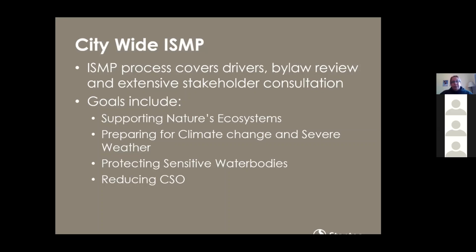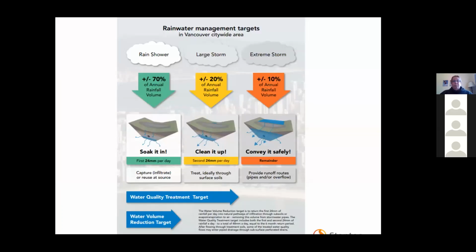So they're trying to build that resiliency into the storm system for climate change. They're also trying to protect their recreational water quality. Some of the areas that are very popular for paddling and recreation are severely impacted in water quality. And they do have some beach closures every year.